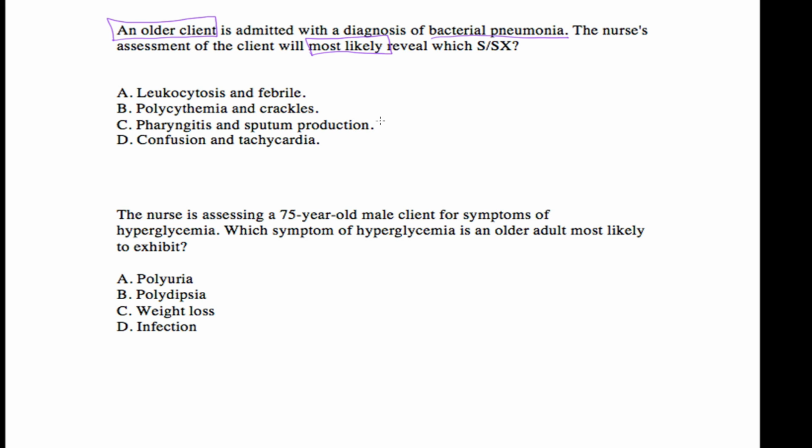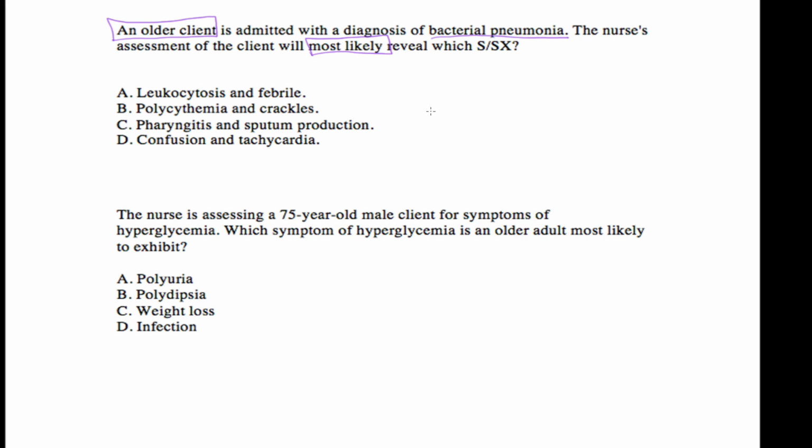Well, I know that leukocytosis and febrile, crackles, pharyngitis, sputum production, these are all signs and symptoms that I expect to see in a typical bacterial pneumonia. But the question is talking about an older client. And it's important that we keep in mind that when we talk about the older client population or the geriatric population, they don't present with the same signs and symptoms that the younger or the mid-range aged population will.